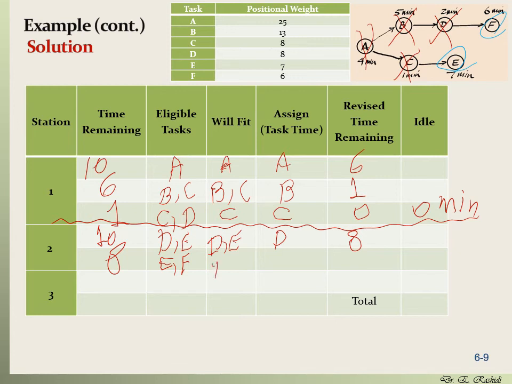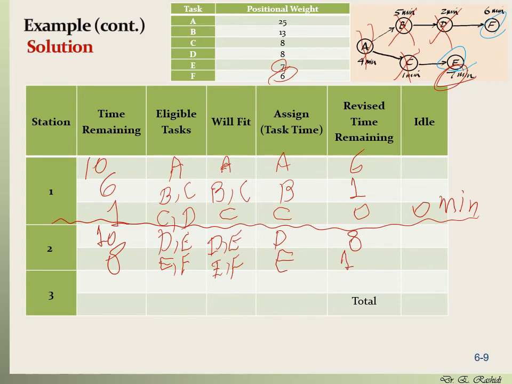So E and F. Which one should we assign? E is 7, the positional weight for F is 6. So E has a greater positional weight. So we're going to assign E. And it would require 7 minutes. So the remaining time would be 8 minus 7, which is 1 minute.